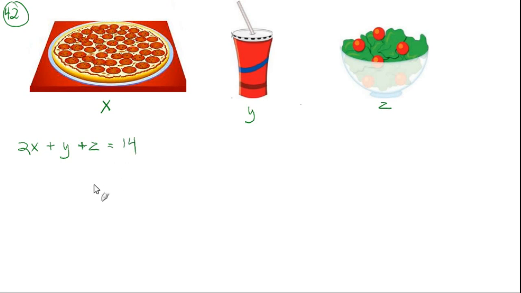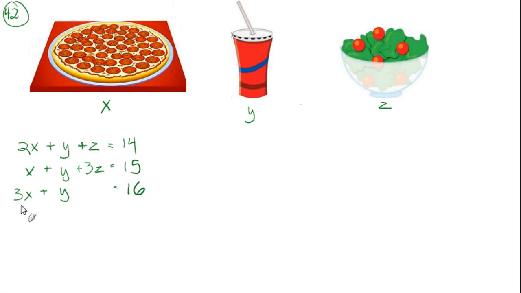A different combination, 1 small pizza, a liter of soda, and 3 salads costs $15. And the third, 3 small pizzas and just a liter of soda with no salad costs $16.